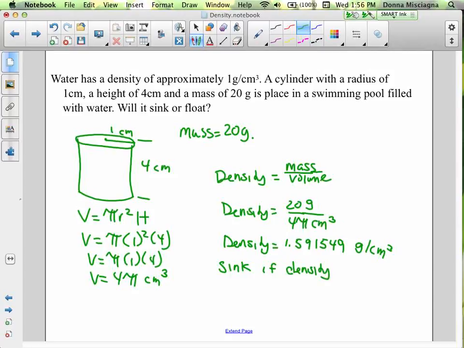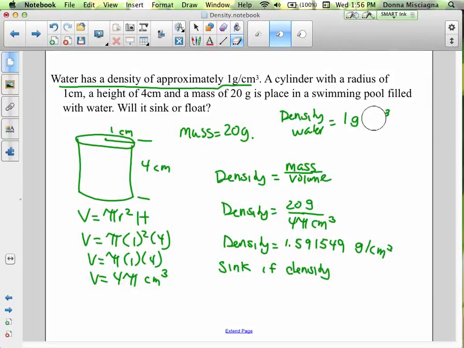And notice it says up here that water has a density of approximately 1 gram per centimeter cubed. So it'll sink if the density is greater than 1 gram per centimeter cubed.